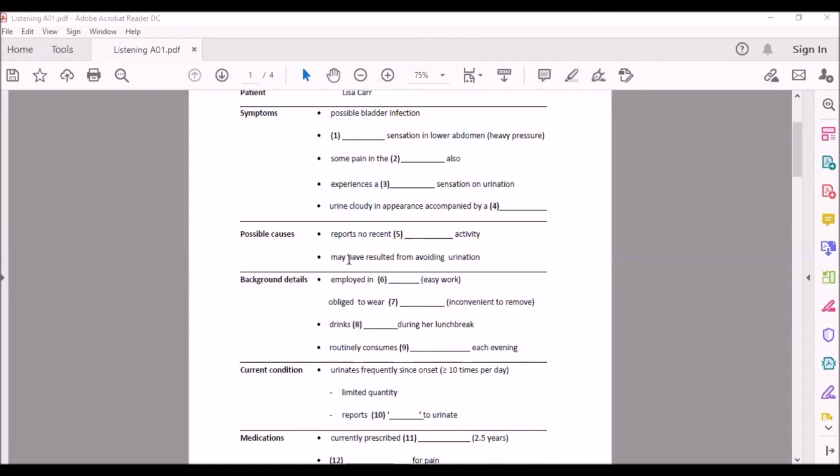So for example, if you get stuck at one point and you hear "may have resulted from avoiding urination," and you haven't answered these questions from 1 to 5, they're gone. Bye-bye. You won't get them back. But you know that you need to focus on the rest of the recording, okay?